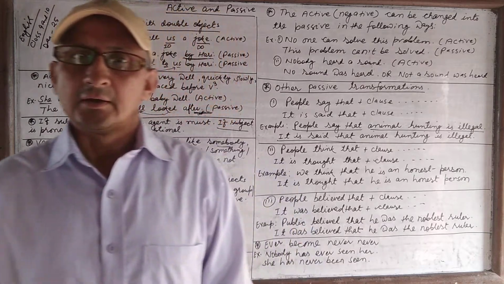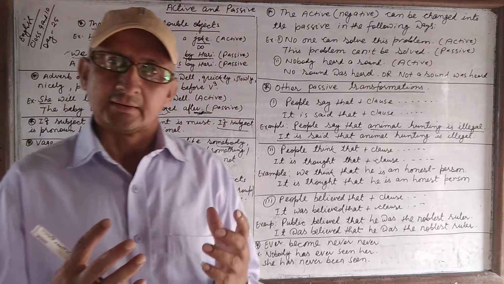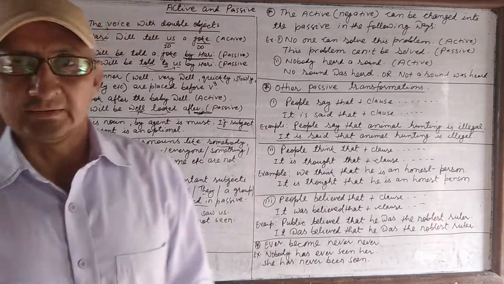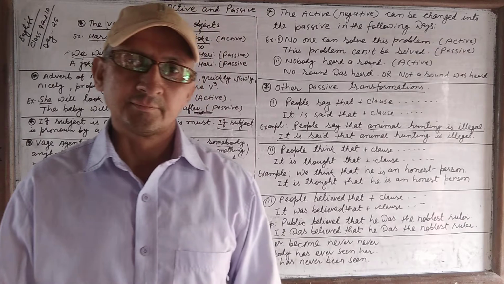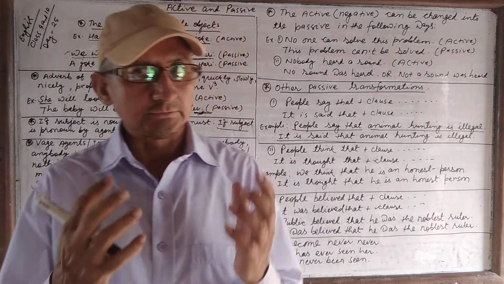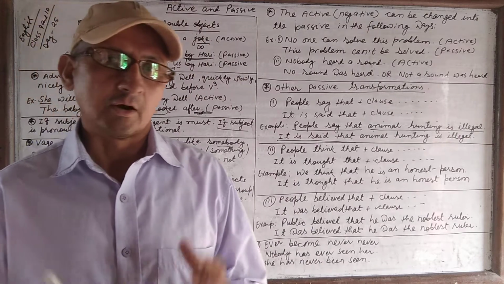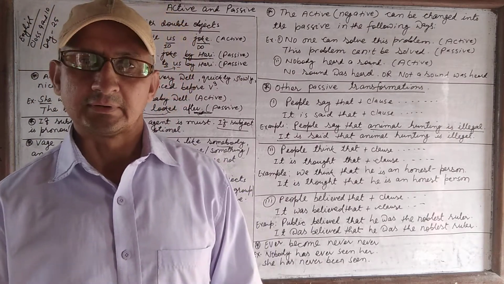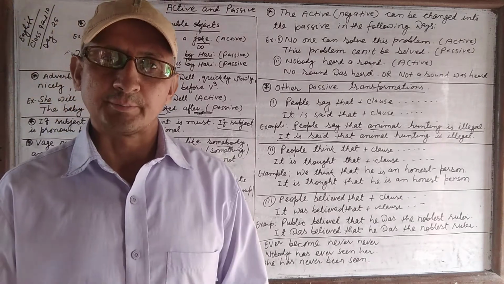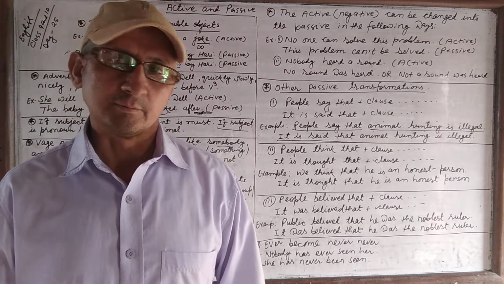Then only, if you practice, can you become perfect in active and passive voice. Only learning and understanding rules doesn't make you perfect. Only practice makes you perfect. So practice as many questions as you can to become perfect in active passive voice.